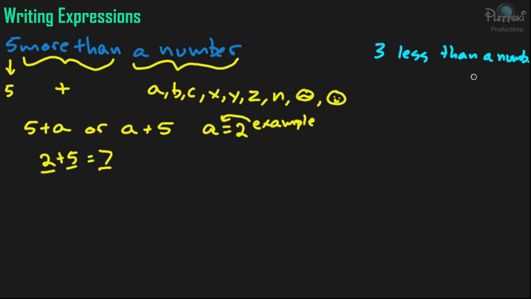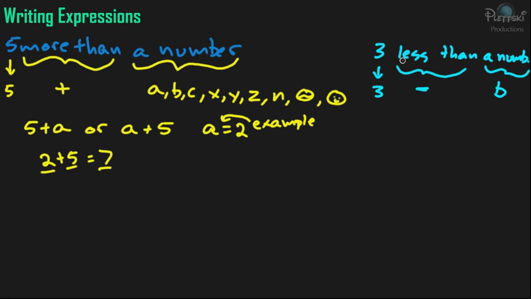And I'm not going to write out number because I'm running out of space here, but 3 less than a number, you could use a variable for a number. So let's say B. So B is our number. Less than would be a minus sign, and then 3.